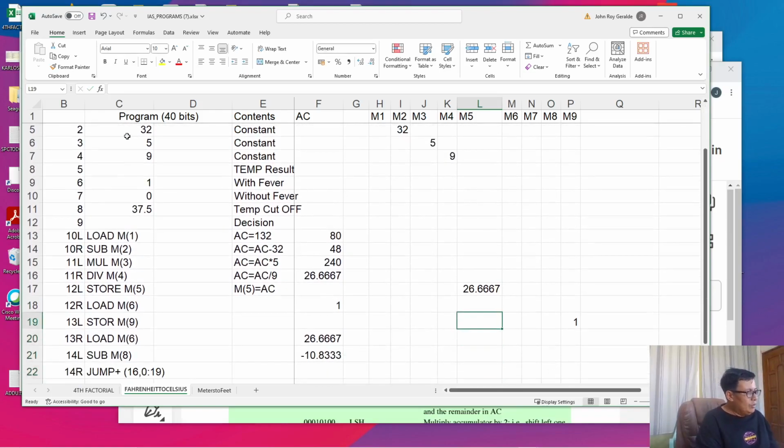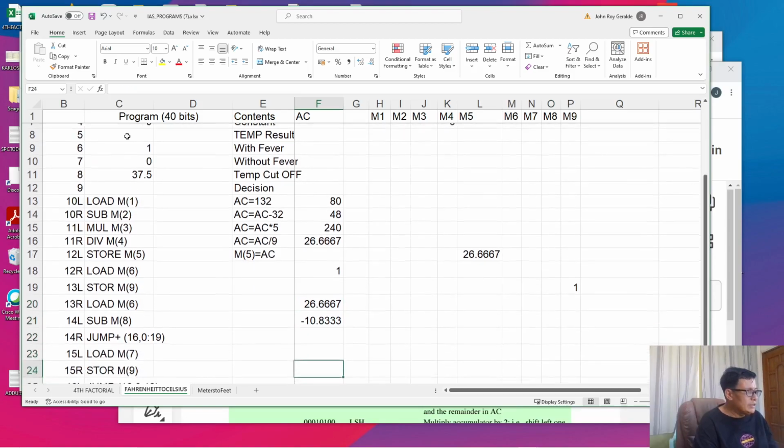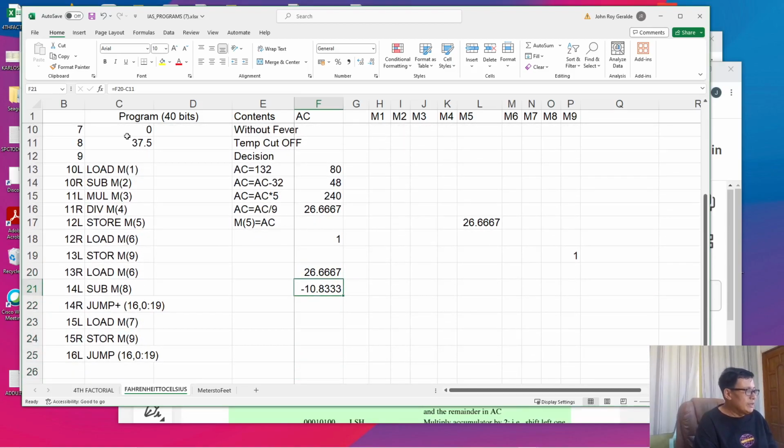Then likewise, we are still assuming that the temperature is feverish, so 1. Then we store the result to M9. And then we subtract 37.5 from 26.67, which becomes negative 10.833.